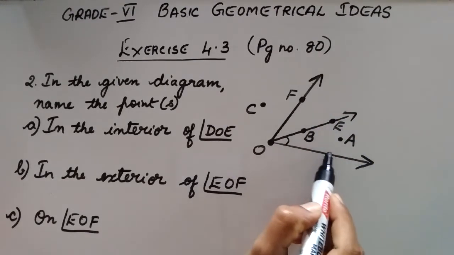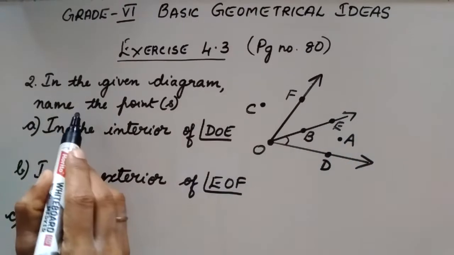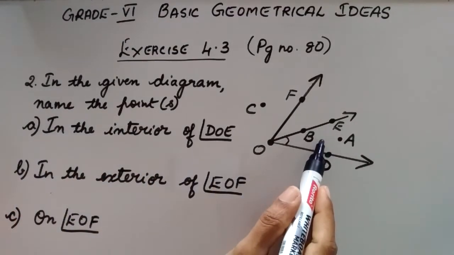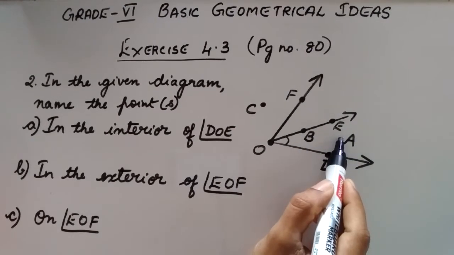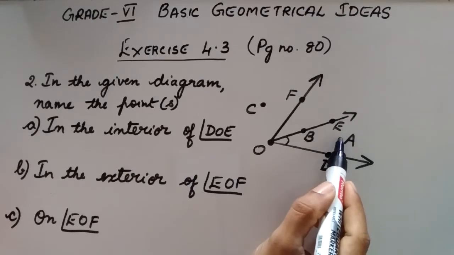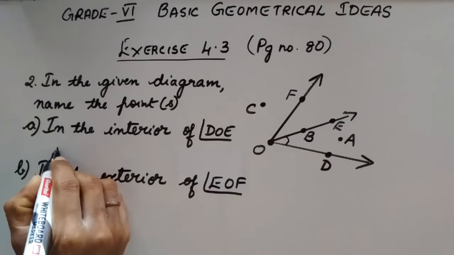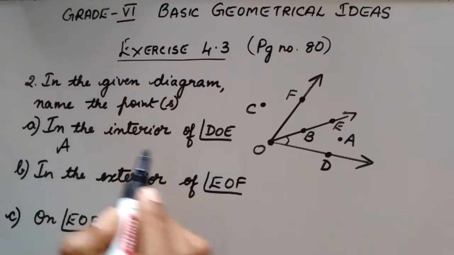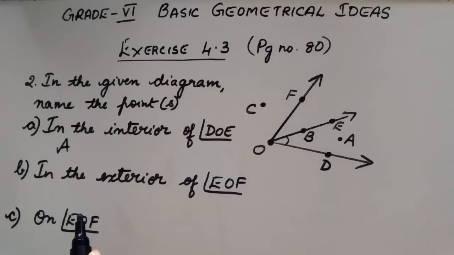Now this is the interior side of the angle DOE. So in the interior we have point A. The point which is in the interior of angle DOE is point A.